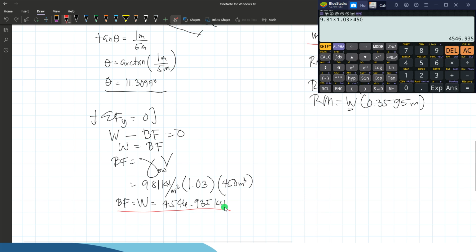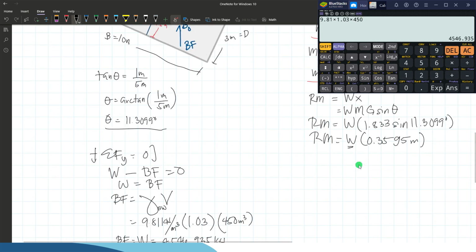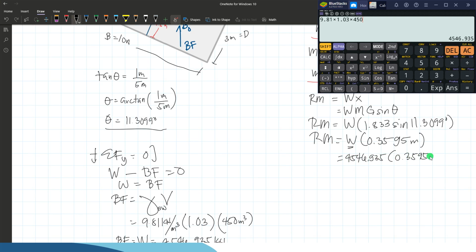So substitute that now into the righting moment: 4,546.935 kilonewtons times 0.3595 meters.